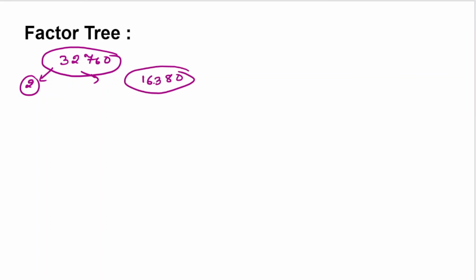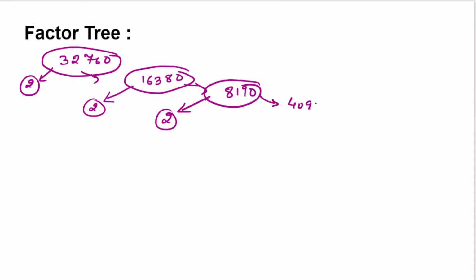You can represent the composite number's factorization in factor tree form. What is the factor tree? In this we are dividing our number starting with the smallest prime factor, like 32760.